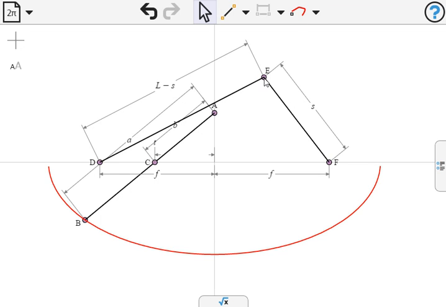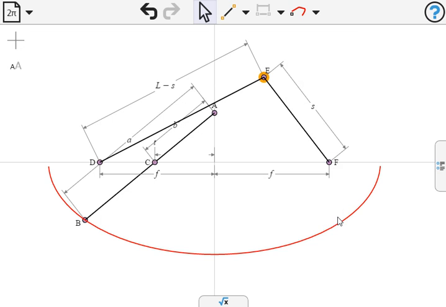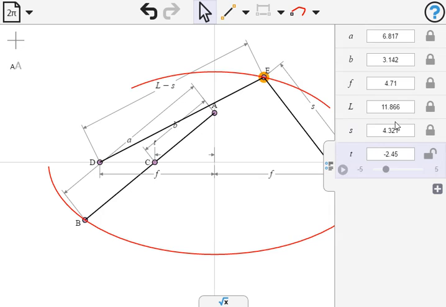And now I can ask for the locus of this point as S varies. Again, we can change the limits on S to make that cover more of the curve.